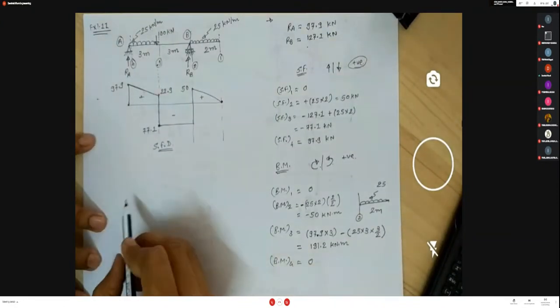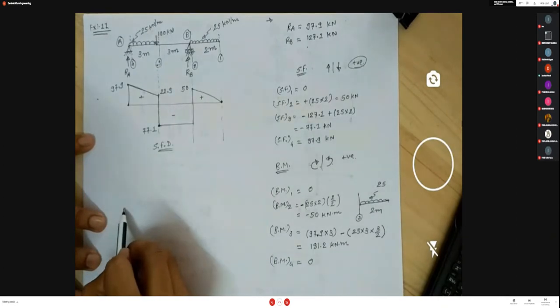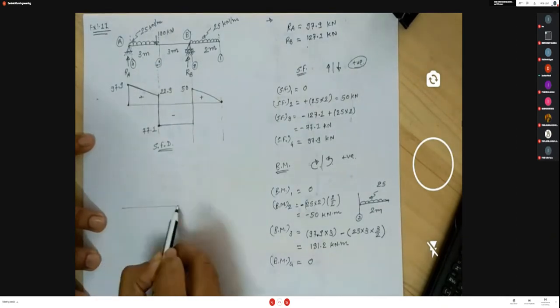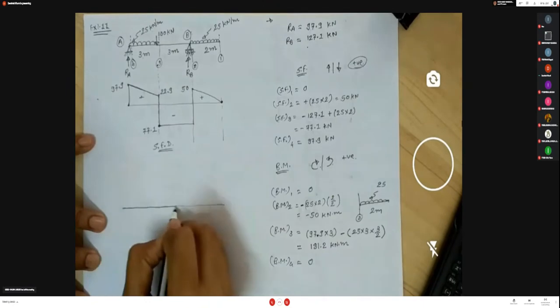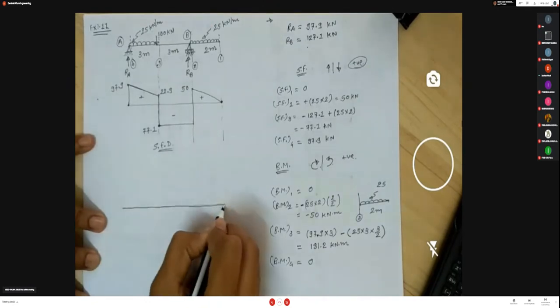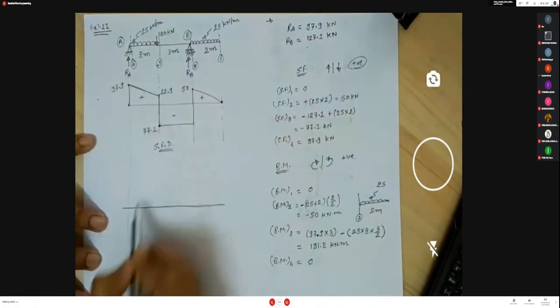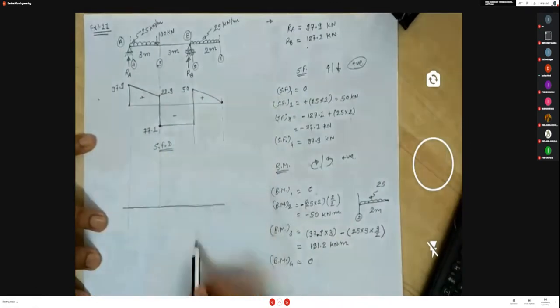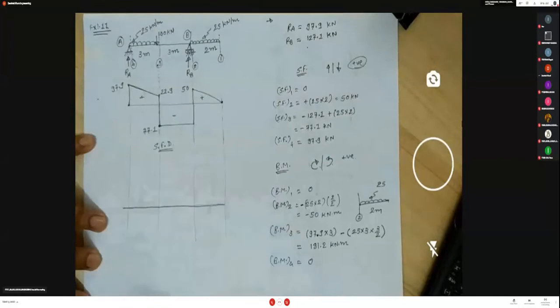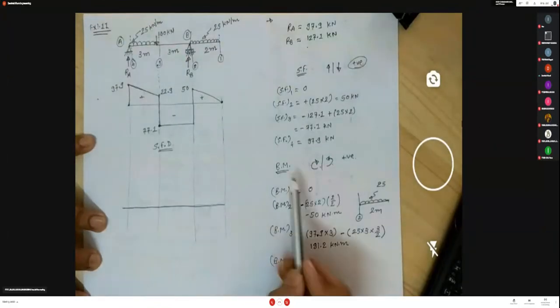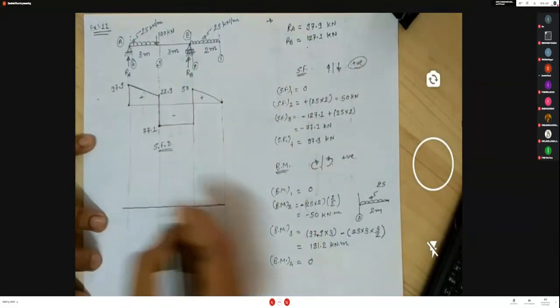Now draw the bending moment diagram. So consider the reference axis, A, C, front section. Now bending moment at 1 is 0, means here 0.